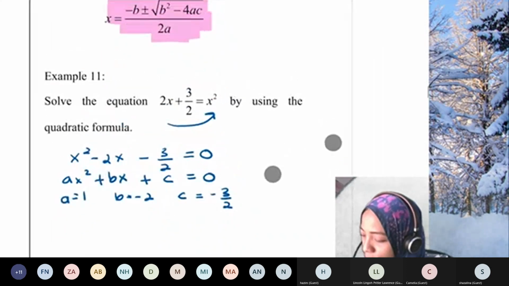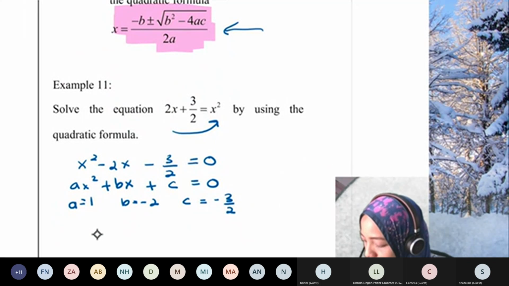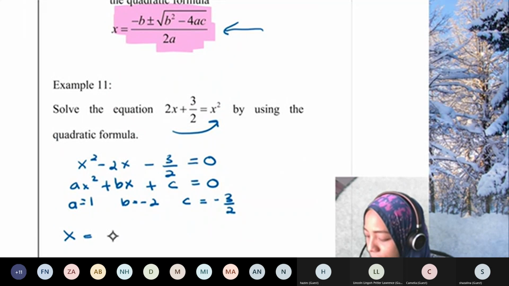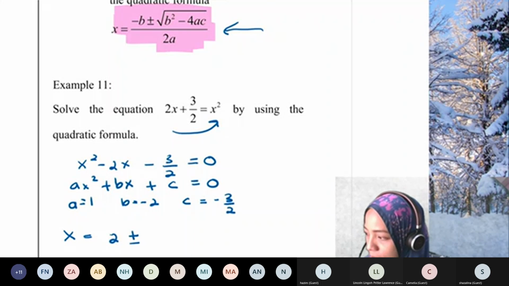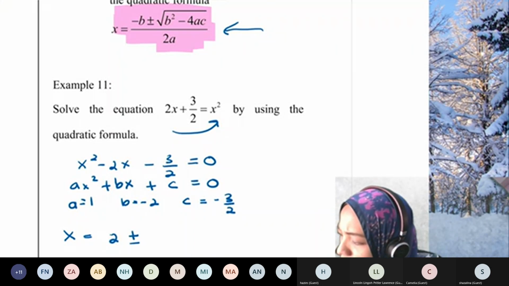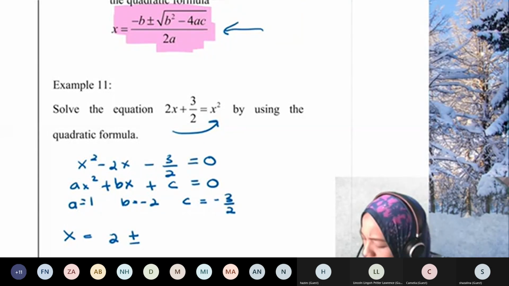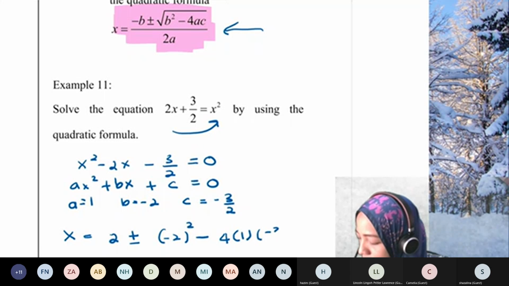Okay, you substitute into the formula negative b plus minus. So what is your negative? Negative sayang. Negatif jadi apa? Positif. Yes, you boleh terus tulis positif. 2 plus minus square root of negative 2 square minus 4 a 1 c, adalah negative 3 over 2.